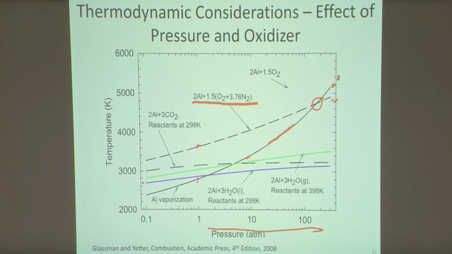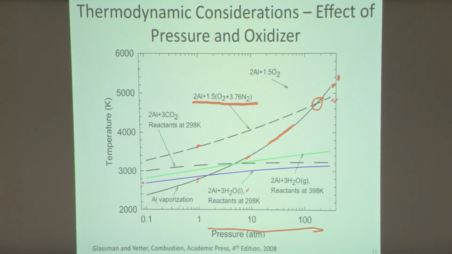So it's going to start turning into a heterogeneous reaction. Notice if I were to oxidize or burn the aluminum in CO2, which would be an example if I wanted to do it on Mars, or if I wanted to burn the aluminum with water, which may be for underwater propulsion, then those pressures occur at a much lower value.